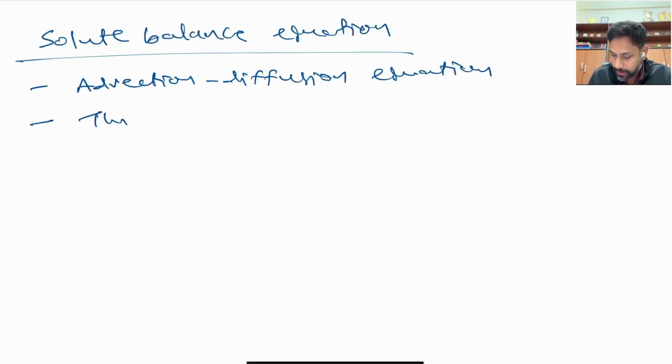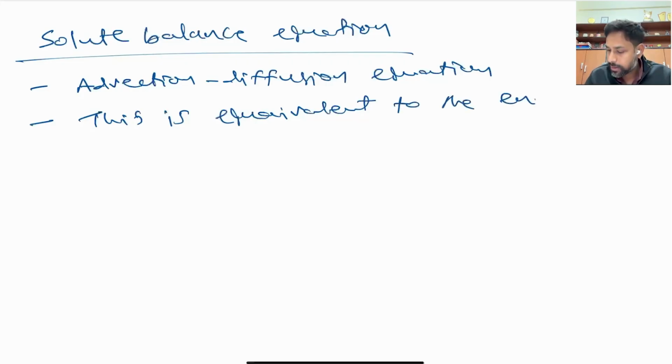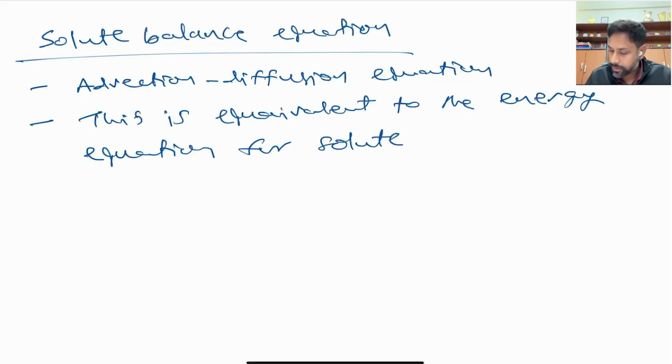This is equivalent to the energy equation for solute concentration. Okay, so here we don't consider temperature, but we consider solute concentration.